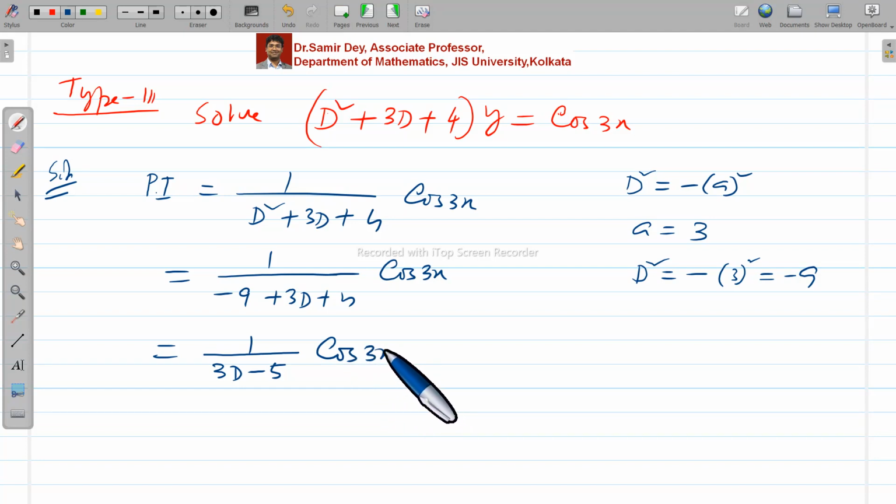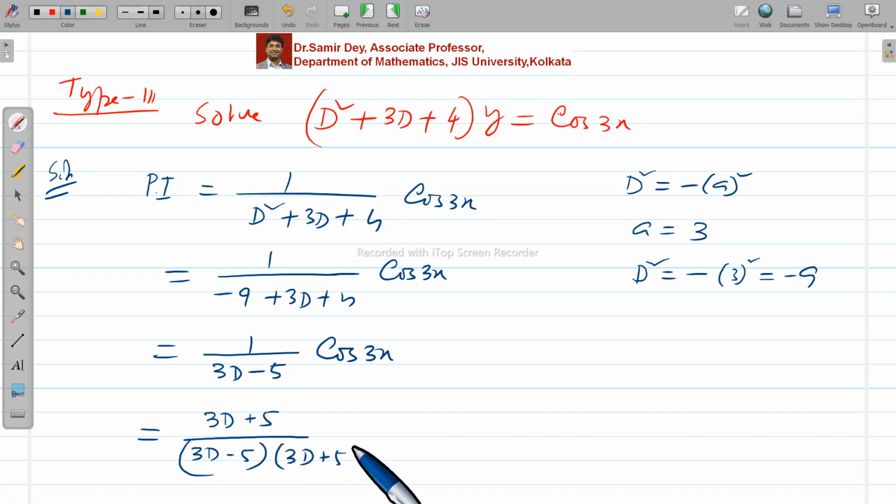Now try to understand. In case of sine and cosine, there is only one formula, d square equals minus a square. But here your result is coming only 3d minus 5. Then what do you do? You have to rationalize this. That is 3d plus 5 by 3d minus 5 into 3d plus 5.